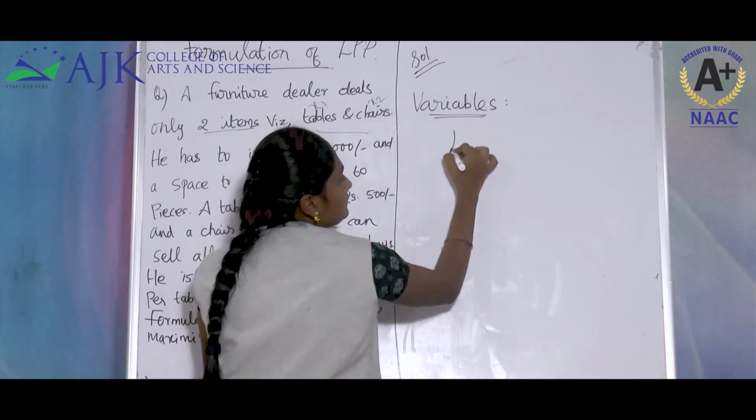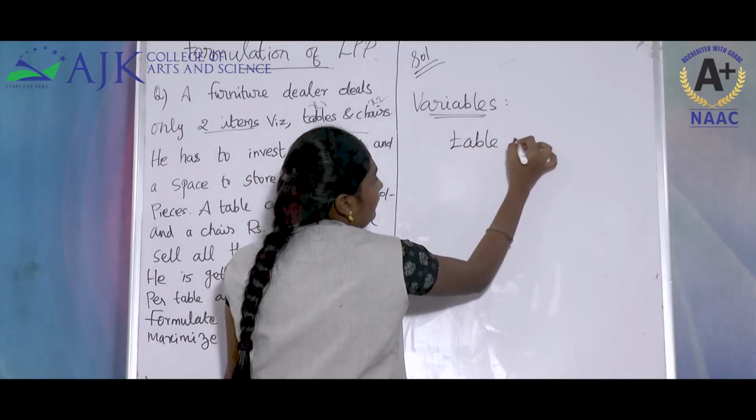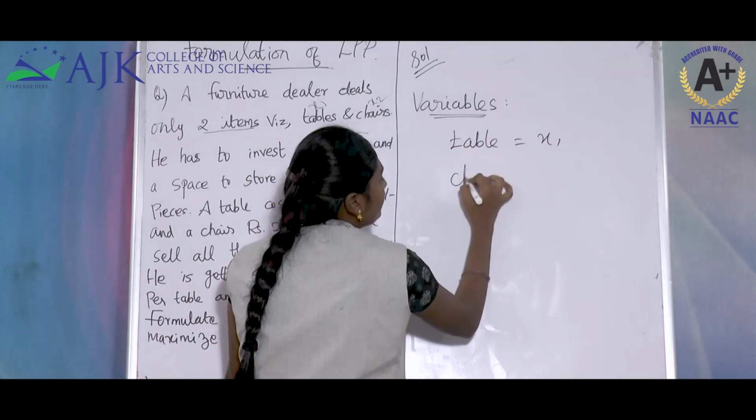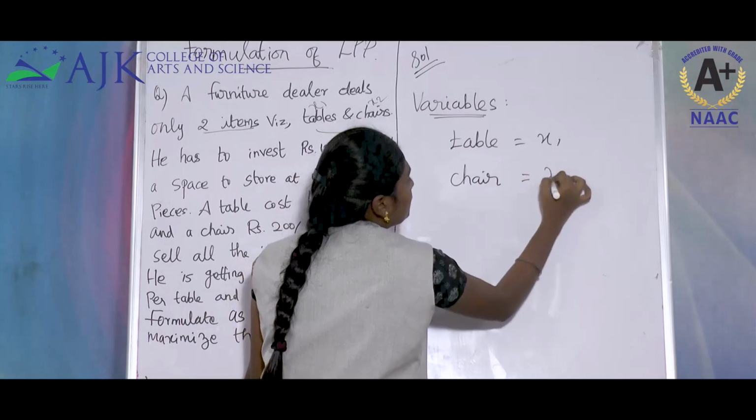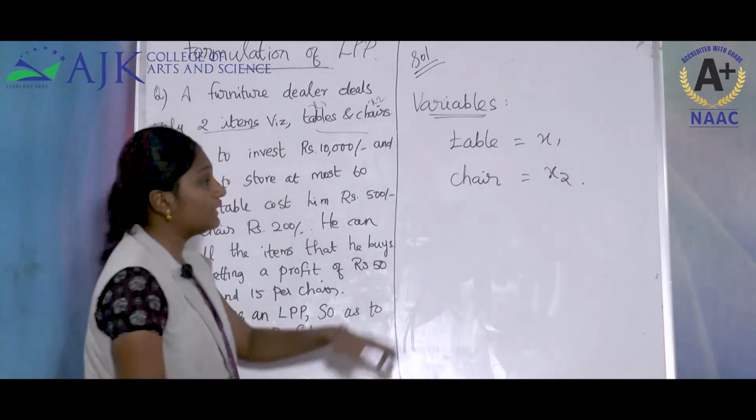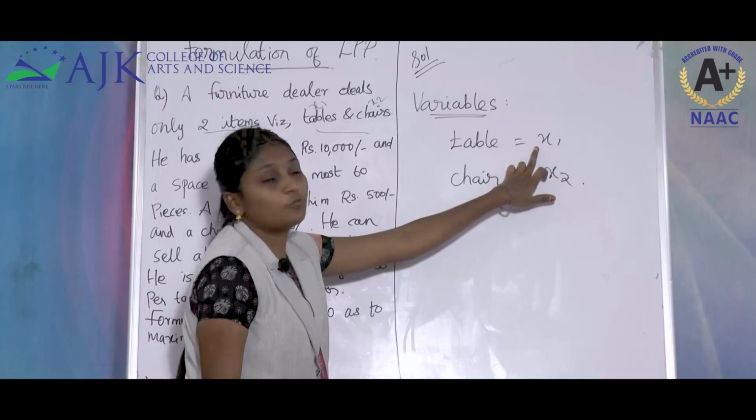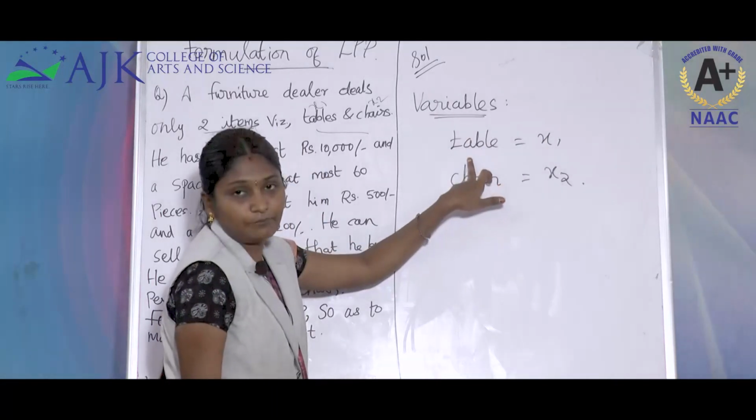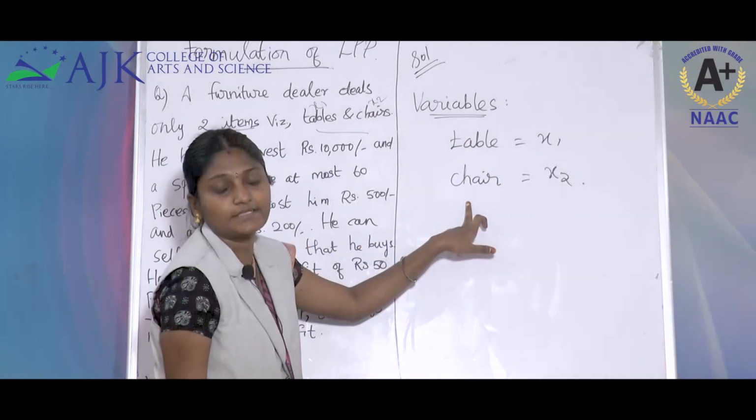So our two variables are x1 and x2. x1 denotes tables and x2 denotes chairs.